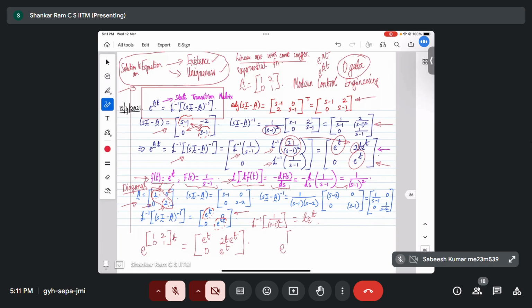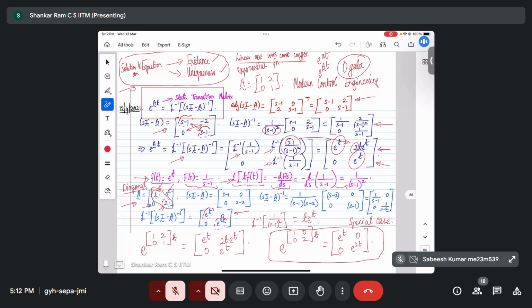So what do I mean? Only with a diagonal matrix, we don't take the Laplace of individual elements. We just put 0, 0 off diagonal, and the diagonal terms, you and I can write e^t and e^(2t). But this is a special case, not always true. So that should be understood.